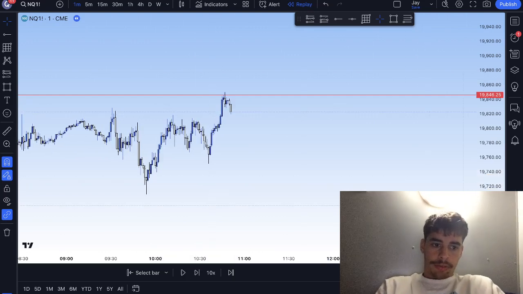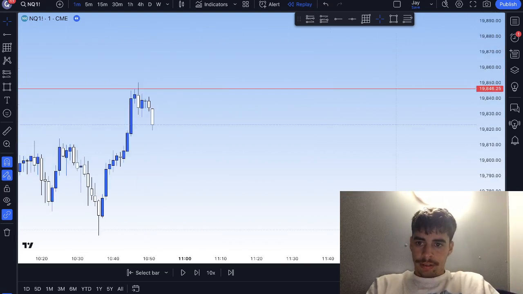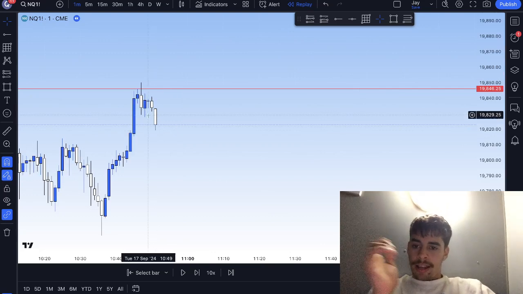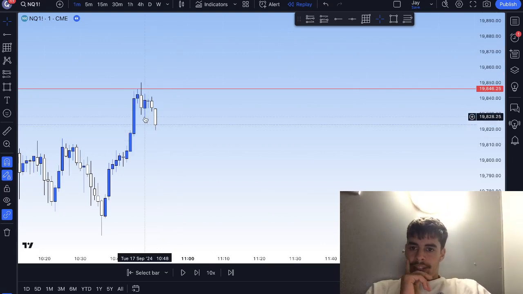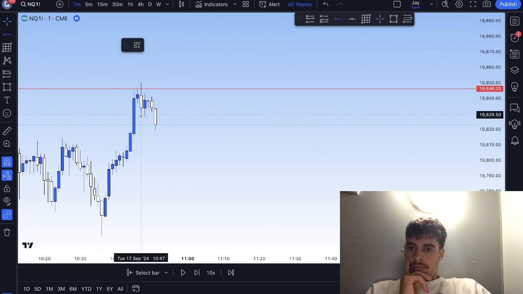Okay, bang, we just broke structure to the downside on the 1 minute. That's taking out 4-hour highs. Now we need to see, this is our breaker block, right here.